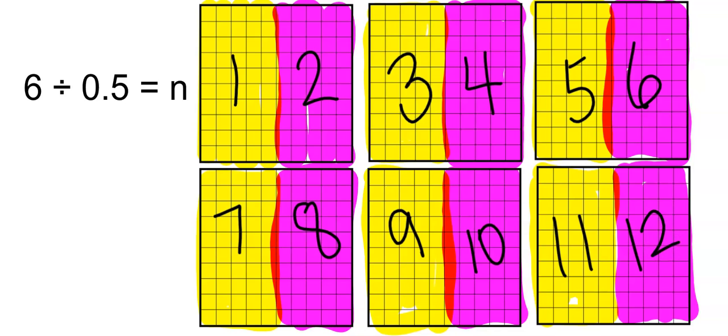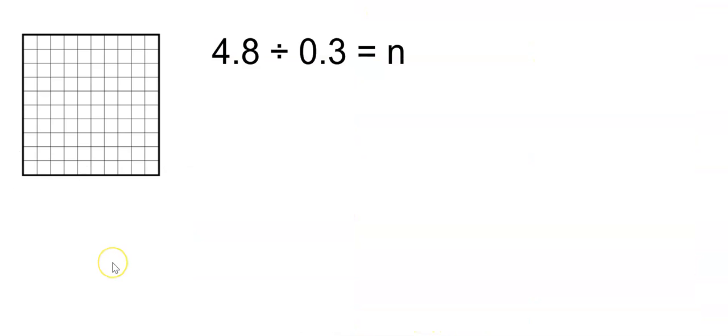So 6 divided by 5/10 equals 12. Great job. Now, I want you to solve 4 8/10 divided by 3/10. Pause the video and practice this, and then we'll do it together.